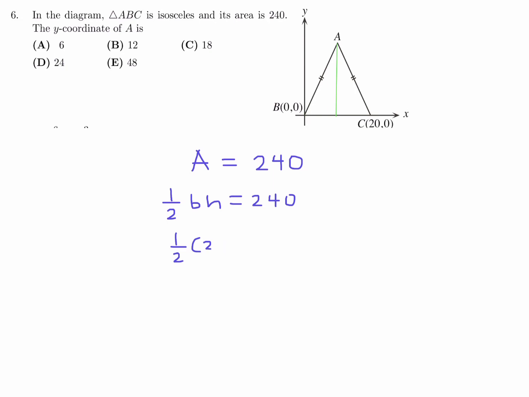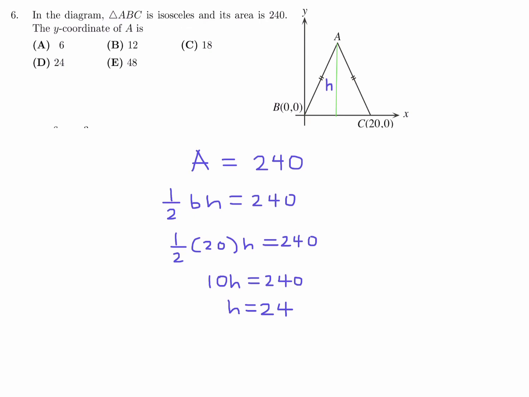And there you go. Now we can figure out h. So we got 10h is equal to 240, and therefore h is equal to 24. So the height, this green line represented h, and that's 24.